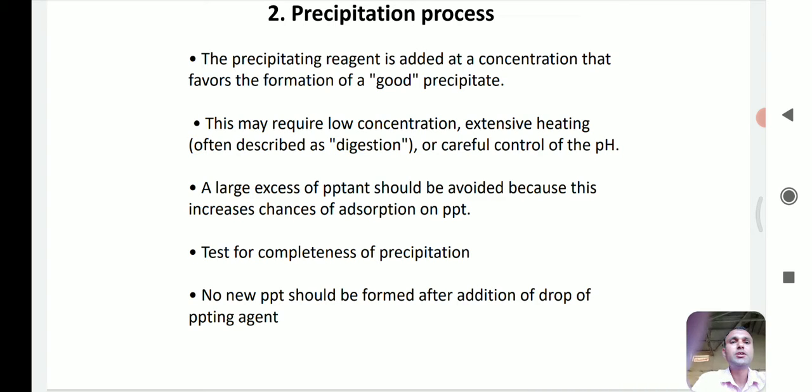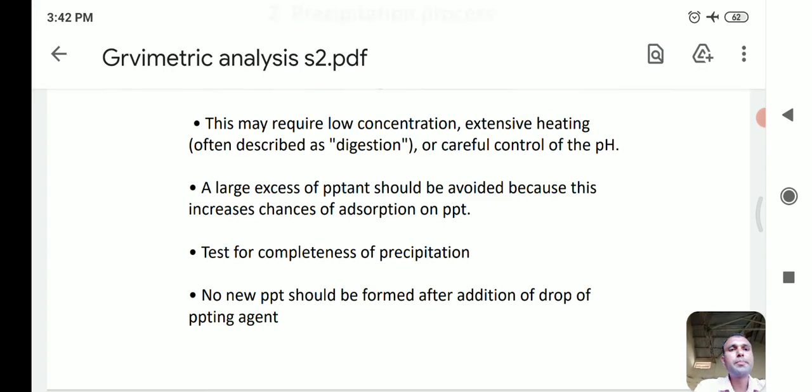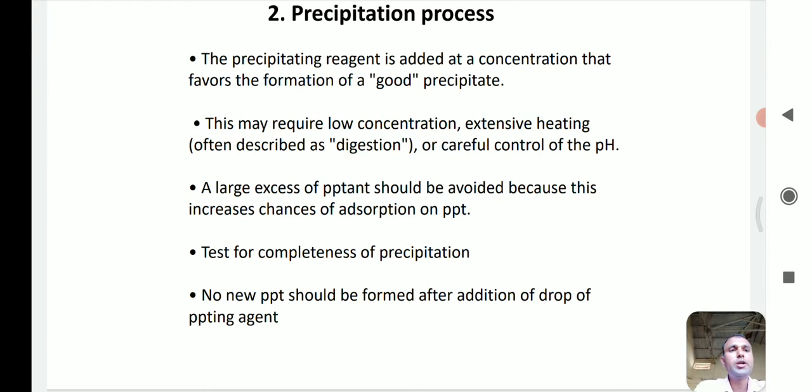This may require low concentration and excessive heating, often described as digestion, or careful control of the pH. You should control the pH very carefully. A large excess of precipitant should be avoided because this increases the chances of adsorption on the precipitate.